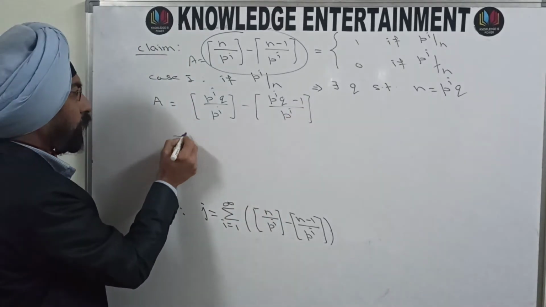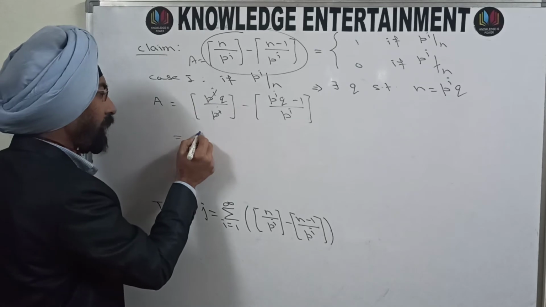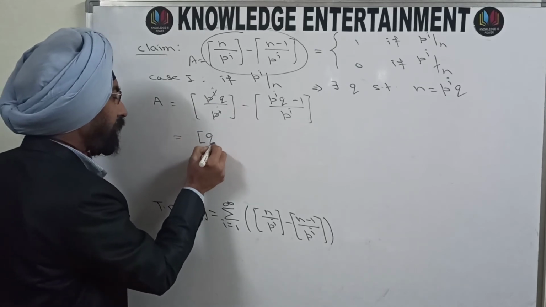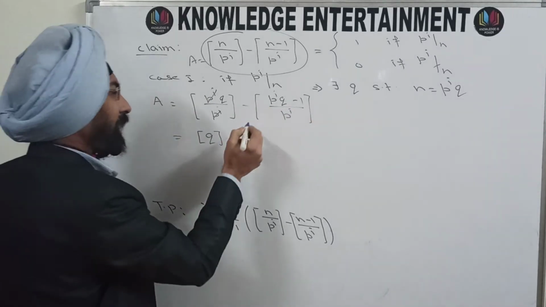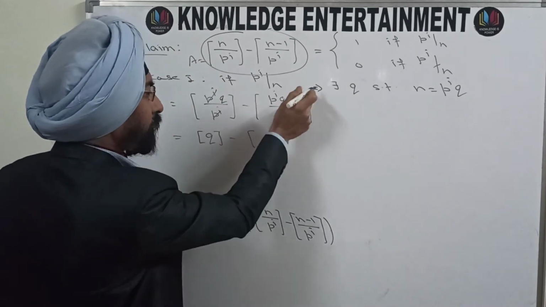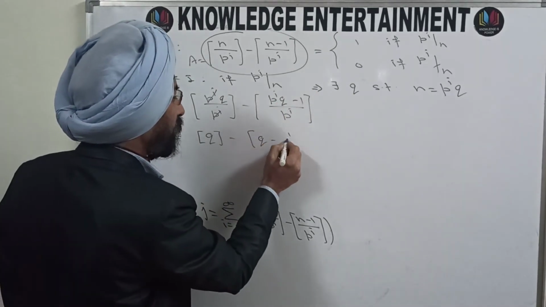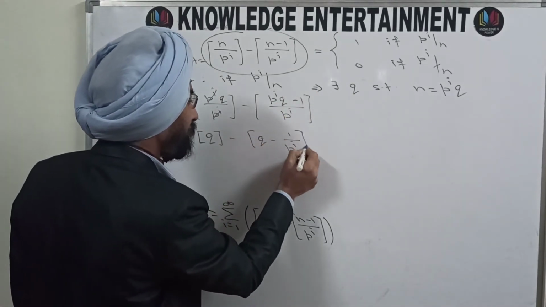Here p^i will be cancelled, and you will get the greatest integer of q minus, separating the two terms, q minus 1 upon p raised to the power i.